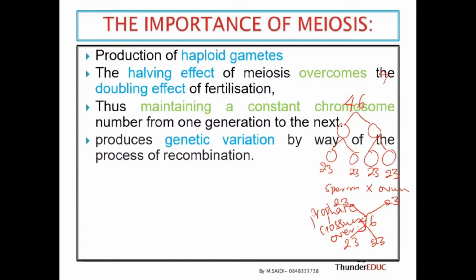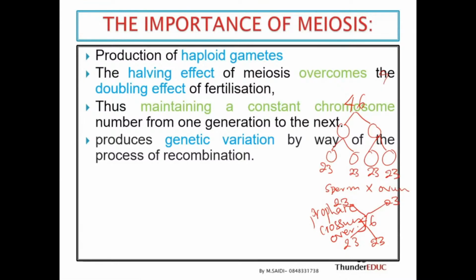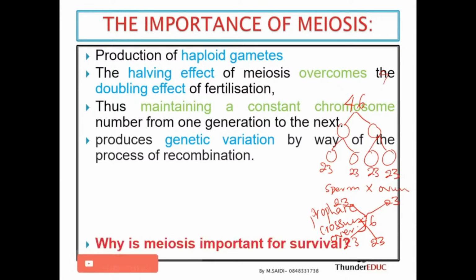Because there is exchange of genetic material, you will have different sperms. We know that you produce over 300 million sperms per single ejaculation. So each sperm is different. It's as a result of the process called crossing over during prophase. It brings about new recombinants, new combinations of genetic material. We are different from our sisters and brothers basically because of the process of crossing over.